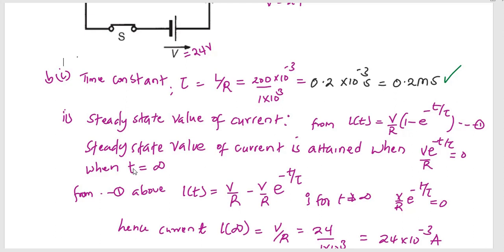If we substitute t close to infinity, the exponential of a very big negative value goes to 0, and therefore we remain with V over R. So the steady state value of current equals V over R, which is 24 divided by 1 times 10 to the power 3, giving 24 times 10 to the power negative 3 amperes.